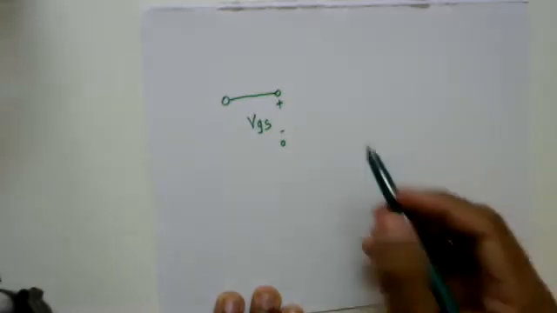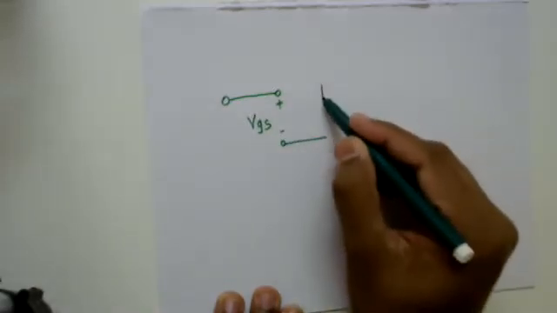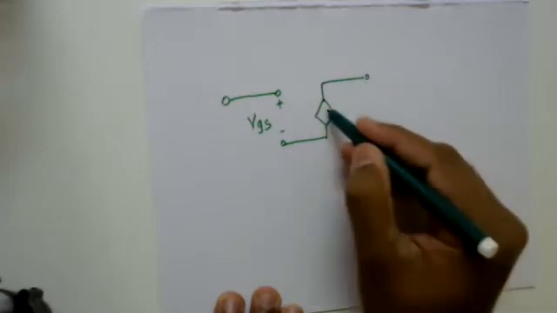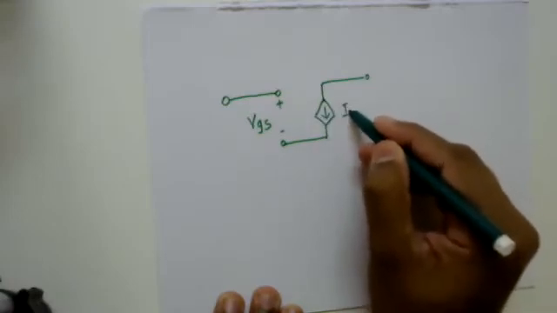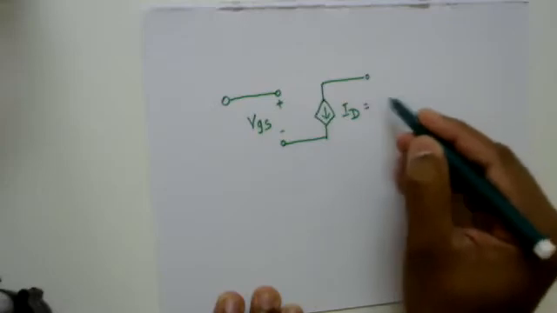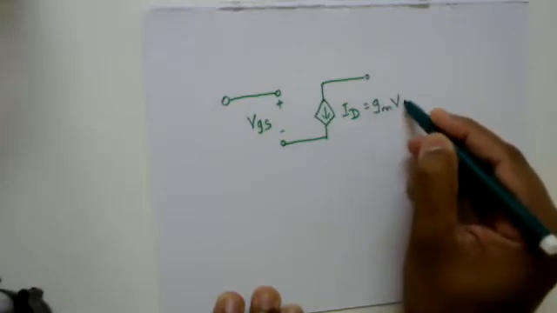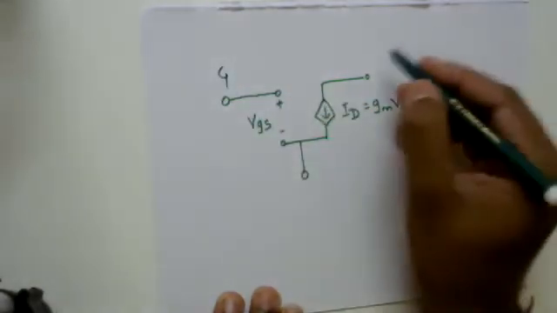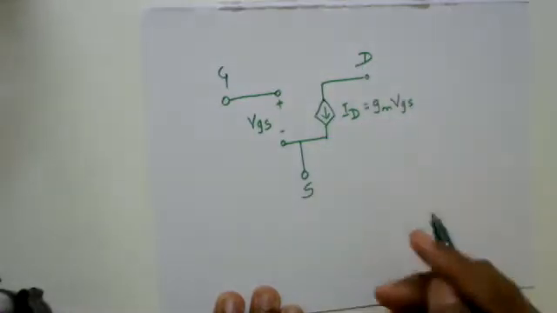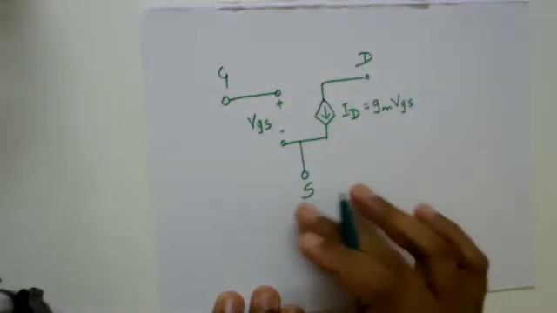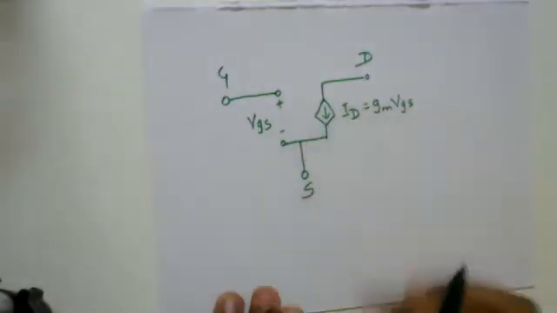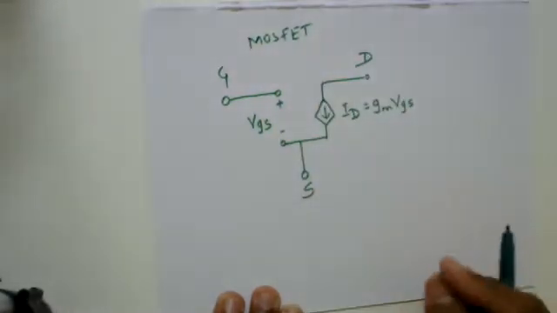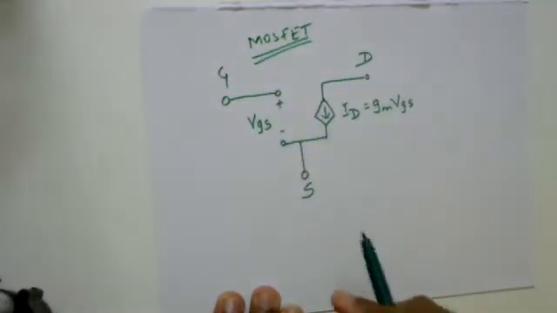Then I'll have a dependent current source, with a current direction which is nothing but my drain current ID, where ID is gm times VGS, and this is the source terminal. So this is a gate, this is a drain, and this is the source. This is the MOSFET equivalent circuit model on a brief note.